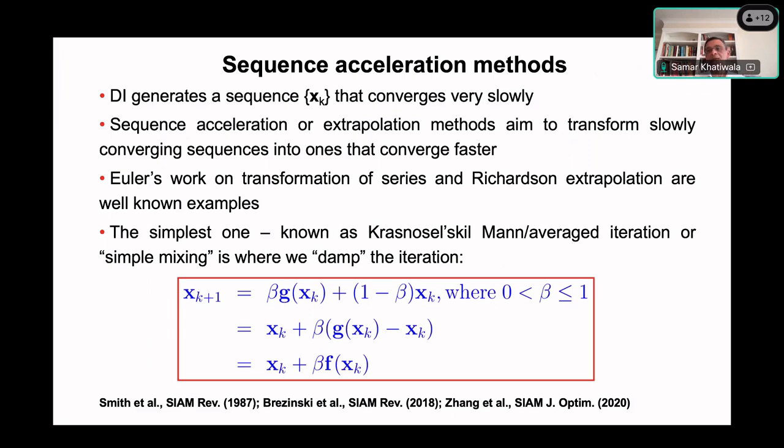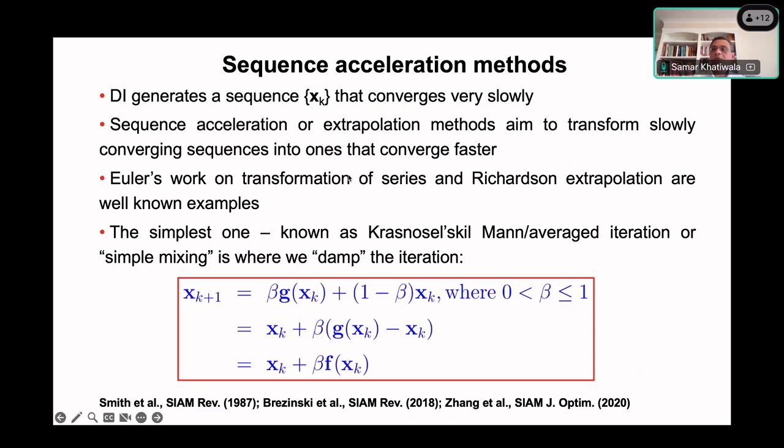There are examples that go all the way back to Euler. He was probably the first one to introduce this idea, where a simple rearrangement of a power series can give you faster convergence. In our own field, in numerical methods, Richardson extrapolation is a more recent example. It's fairly well known in scientific computing.